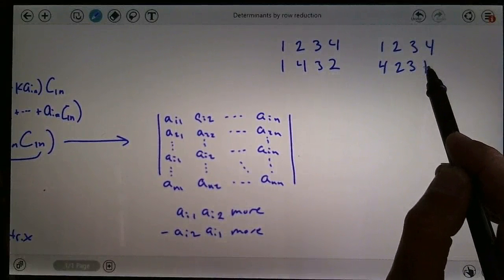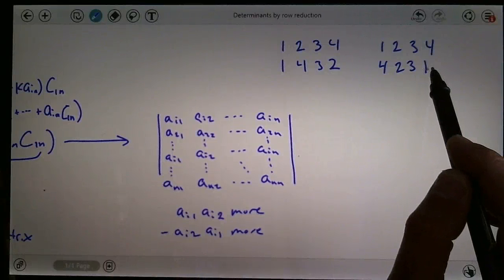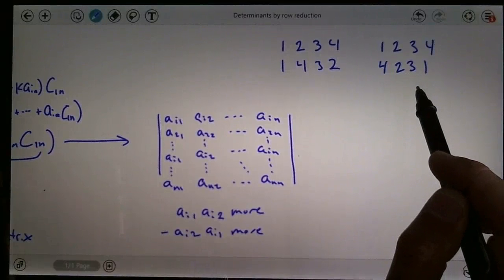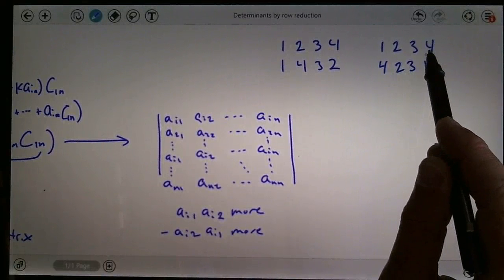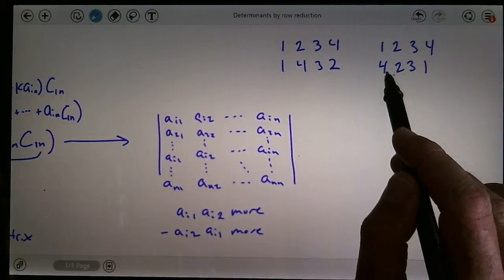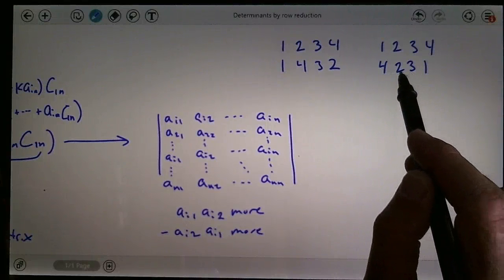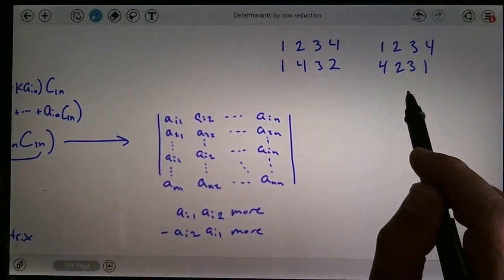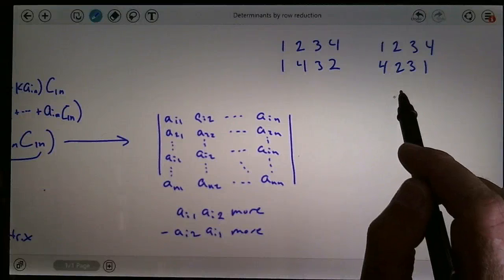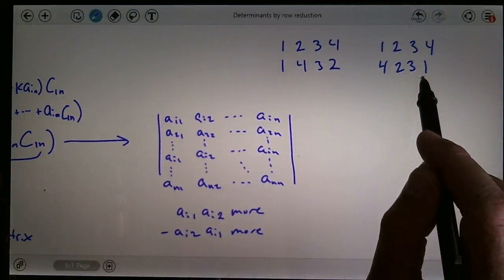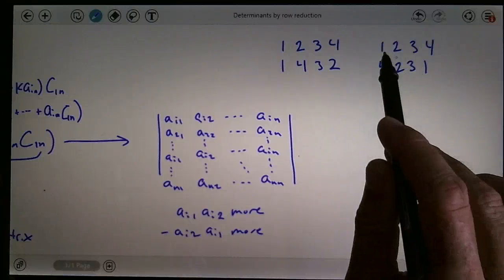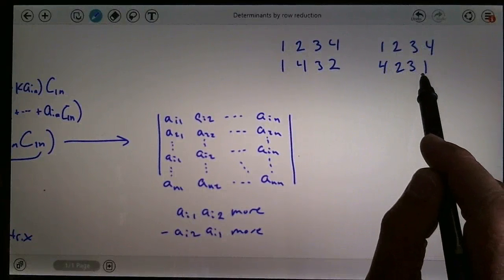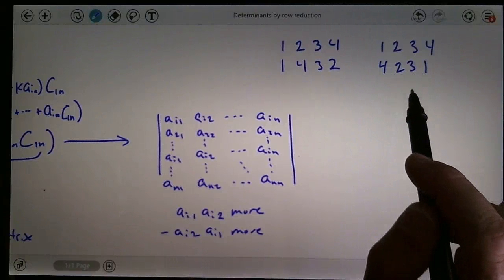Still, the 2 and the 2 is an even number of inversions, doesn't change the sign, but the 1 and the 4 are getting swapped as well, creating an odd number. A total of 5 inversions happen when you make this swap. There's 1, 2, 3, 4, 5, right? The 2 and the 3 are in the right order, but pretty much everything else is in the wrong order. So there's 5 total inversions there. That's odd. So where this one would have no inversions with a plus sign in front, this would have an odd number of inversions, so a minus sign in front.